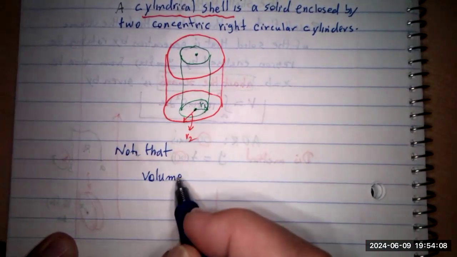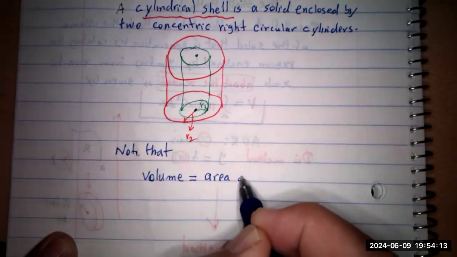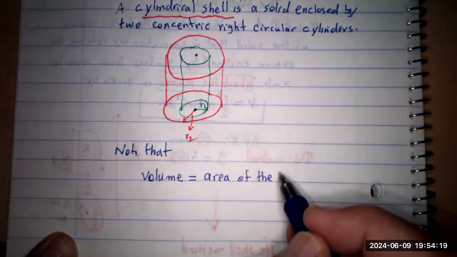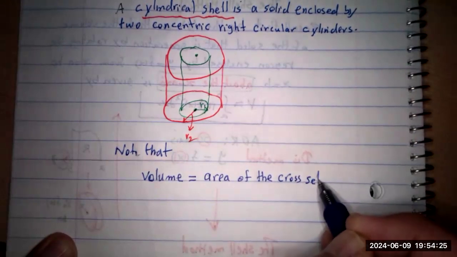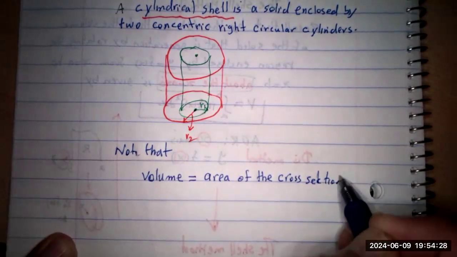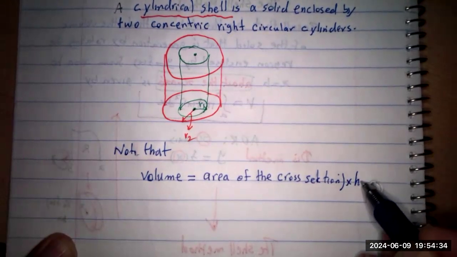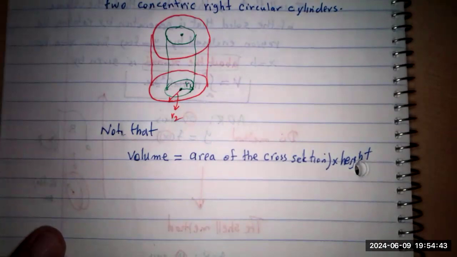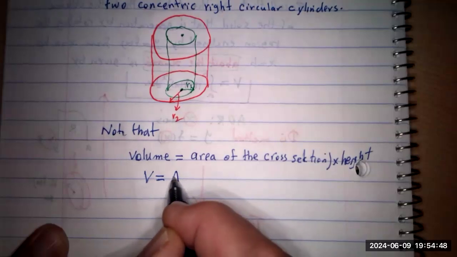The volume of this solid is going to be, as usual, the area of the cross section times the height. So in symbolic form, the volume is the area of a cross section times the height.